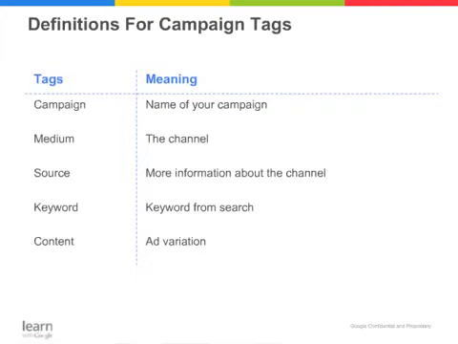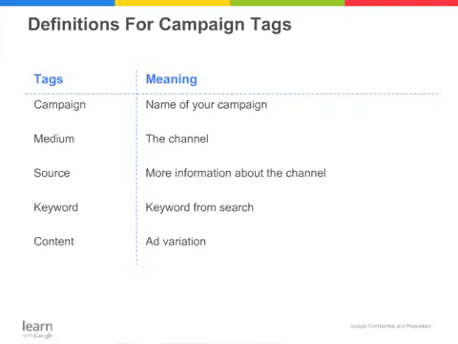I might do another creative that has a shot of backpacks and other back-to-school type materials for kids. And I can actually identify those 2 using what we call this content tag and then measure the performance of the different variations of the email that I sent out. So these are 5 pieces of information that I can put into the URLs of my marketing campaigns and then identify them in Google Analytics.